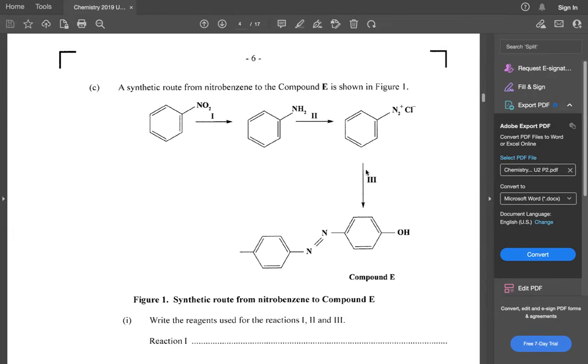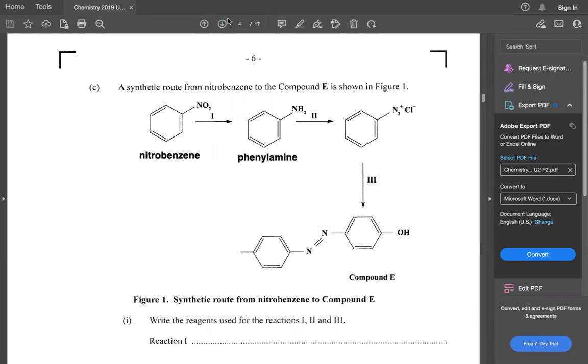And then we see that down here now, we have a phenol group, and that's attached to this group here that comes from the diazonium salt. So let's just write what everything is here. So this is nitrobenzene, that we generated from part B. This here is phenylamine, right?